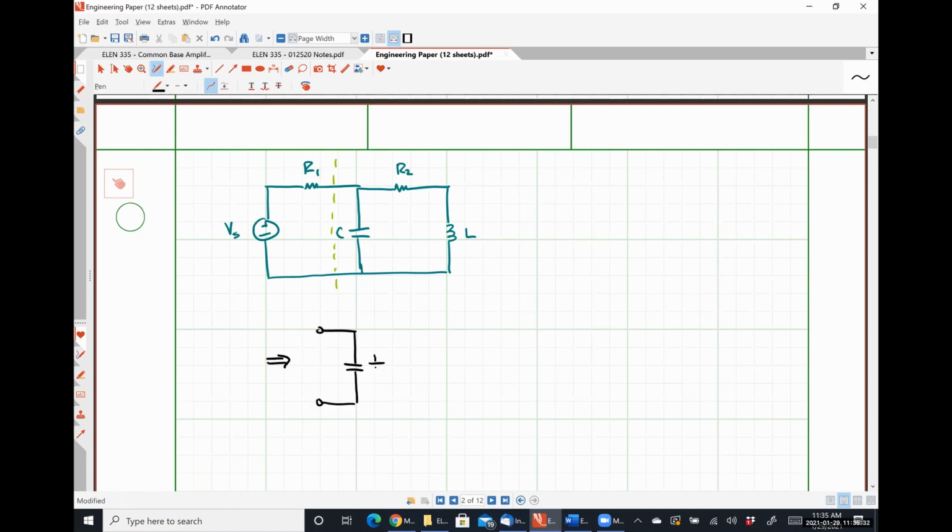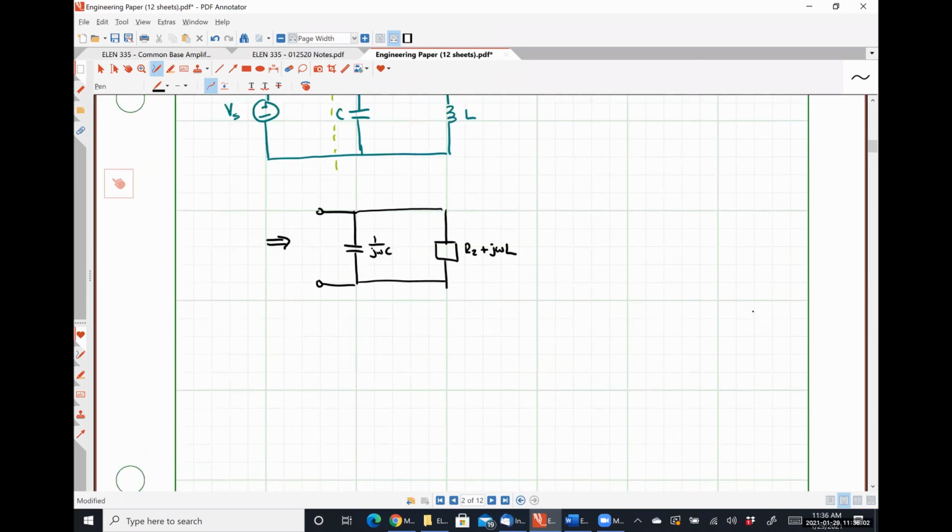I have 1 over j omega C in parallel with R2 plus j omega L. So my goal is to figure out what value of C makes that parallel combination behave as if it were purely real. Is that a reasonable way to approach this? That makes sense? All right, so let's see what happens when I multiply these guys together, okay?